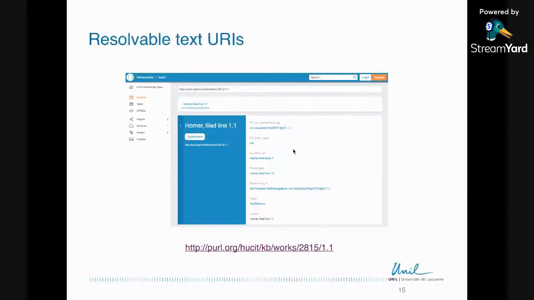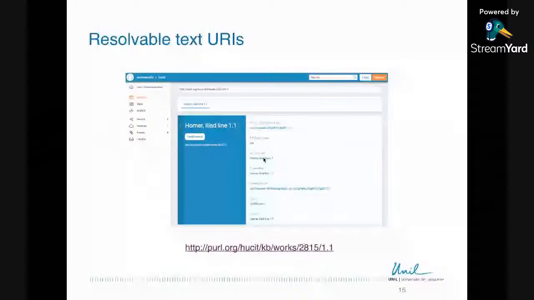You have the CTS URN that identifies it. You have the type of this element, in this case a line. You have the notion that this text element belongs to book 1. And you also have the chain of text elements, so we know that 1.1 precedes 1.2.